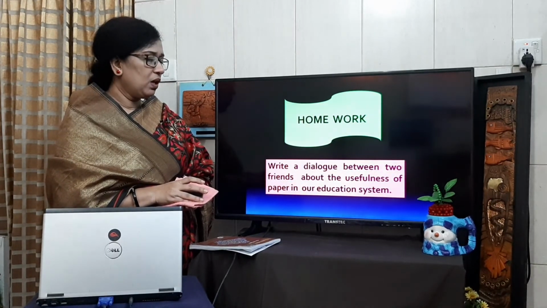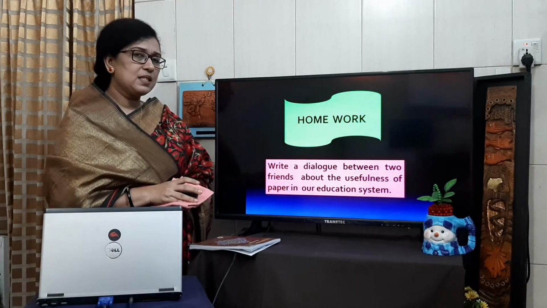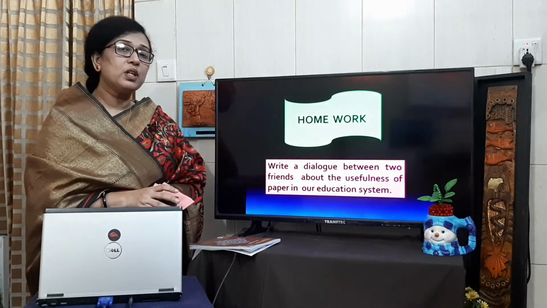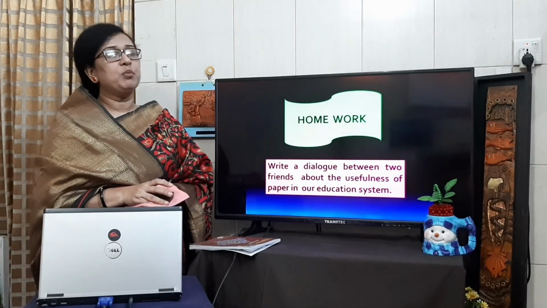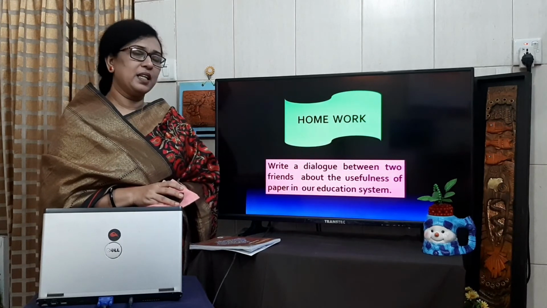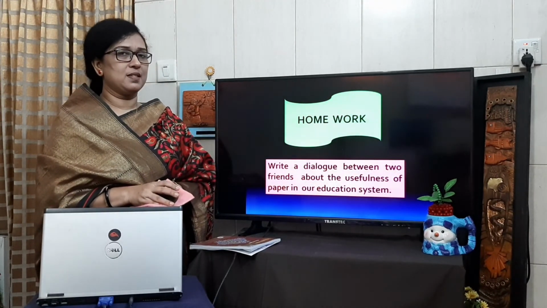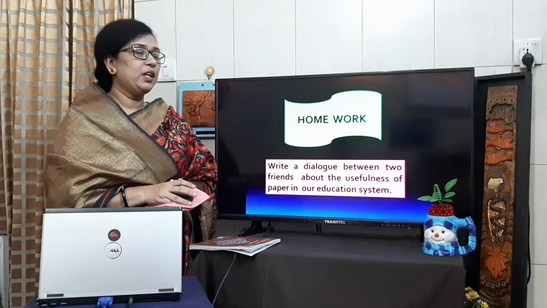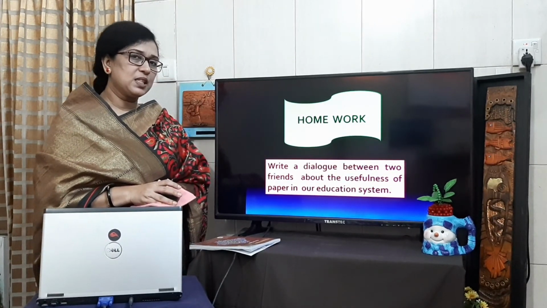We have learned some new things about paper, but in the education system, what are the usefulness? So you have to write a dialogue between you and your friend about the usefulness of paper in our education system. As a student, you know what are the usefulness of paper, and you can get help from your EFT.